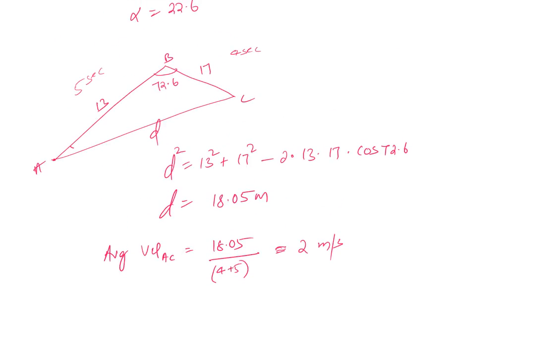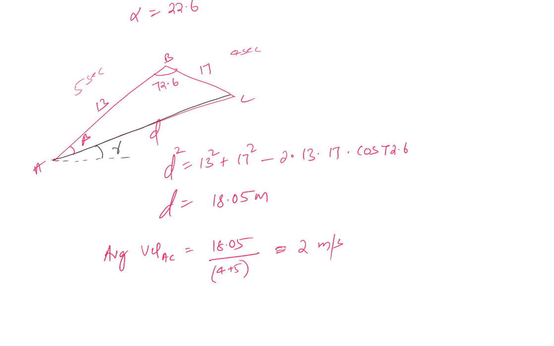So now we need to find the angle. We need to find that angle. Let's call that beta. Because this is the vector we're interested in, actually this is the angle we should be, so this is the angle we're interested in, but there's no direct way of knowing this angle. Let's call that gamma. There's no direct way of knowing this angle.